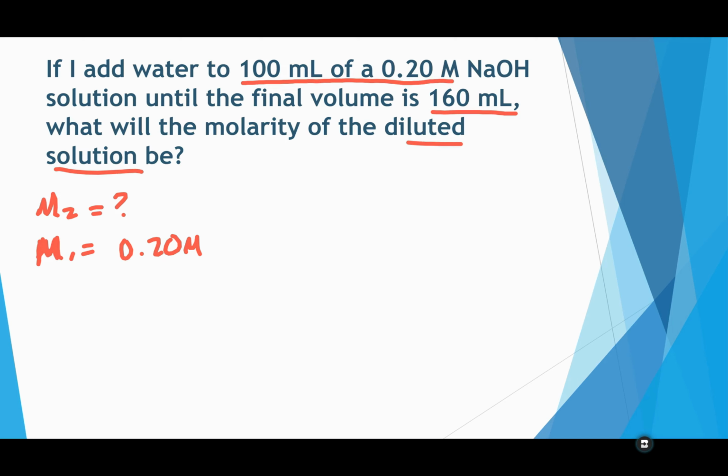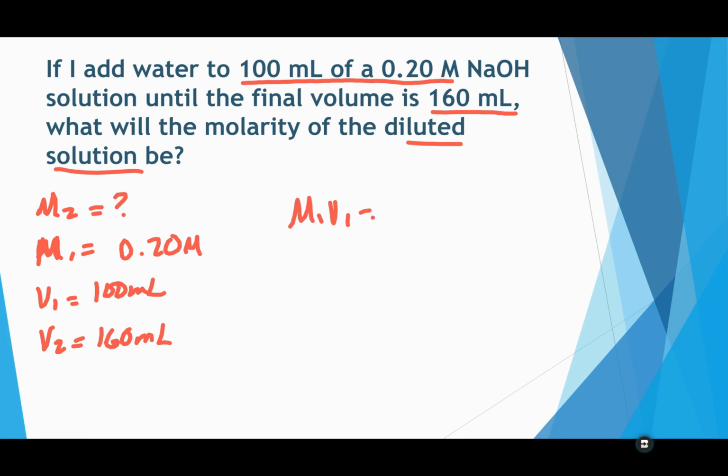If I add water to 100 milliliters of a 0.20 molar, we can tell that V1 is 100 milliliters until the final volume is 160. So the final volume is 160.